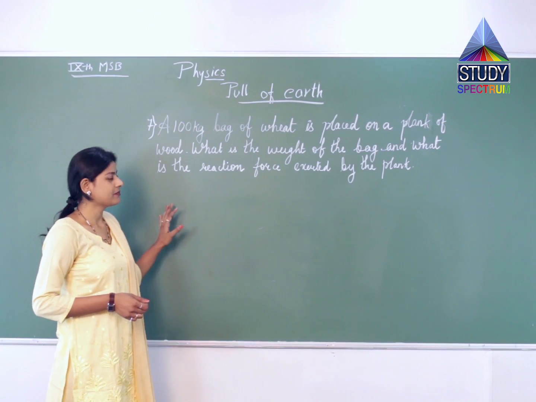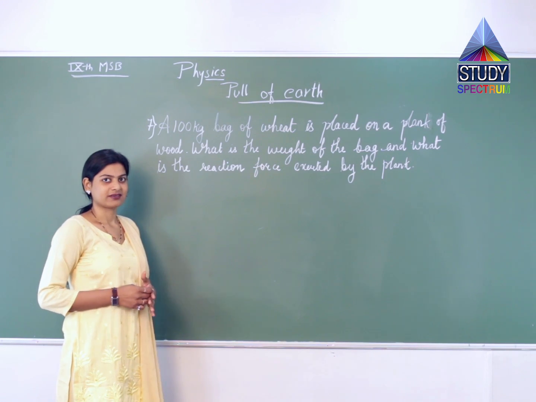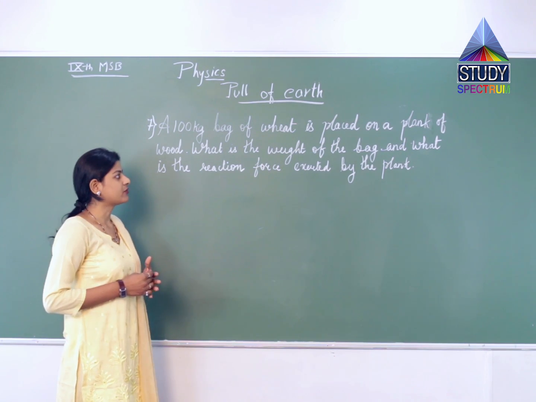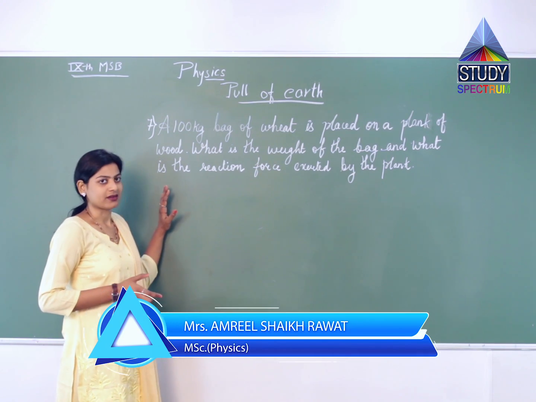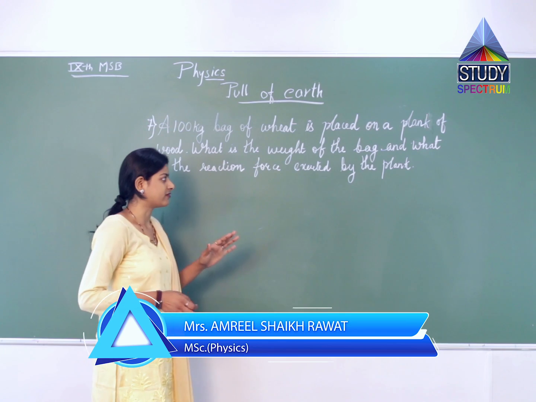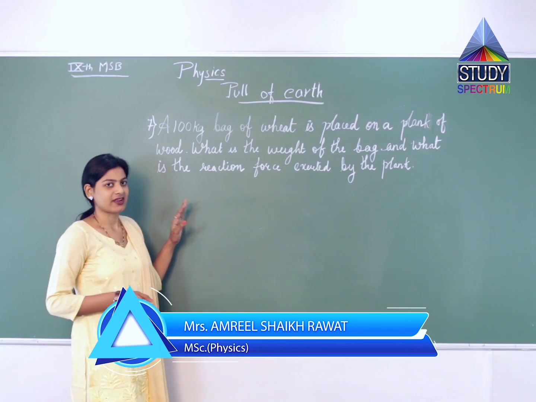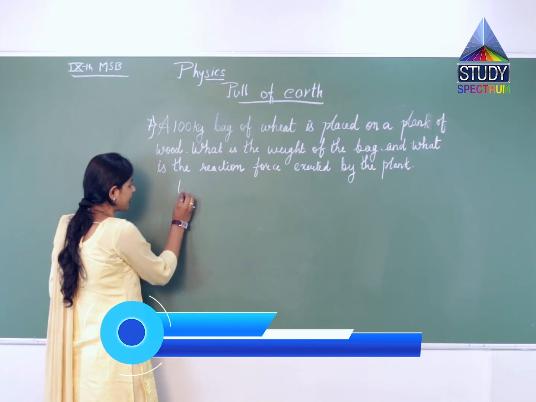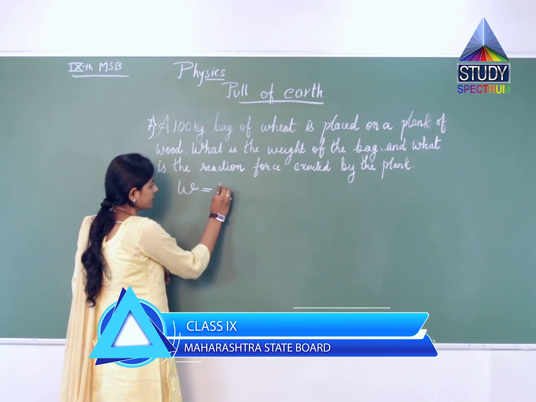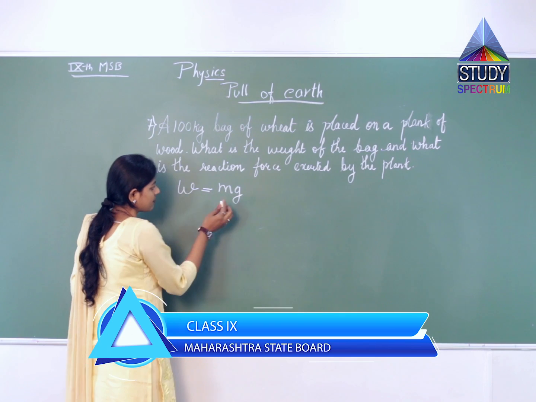Now the next example, we have a 100 kg bag which is placed on a wooden plank. We have to find the weight of that bag. The mass is 100 kg, we have to find the weight, and we also have to find the reaction of the wooden plank on the bag. So first we will write weight is equal to mg. Mass is given.